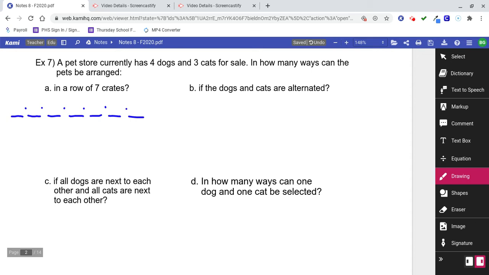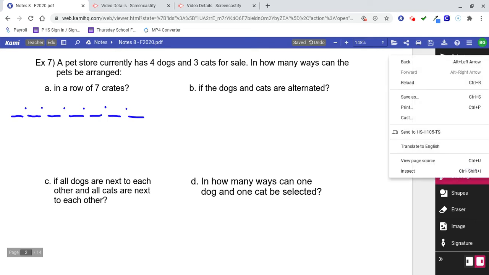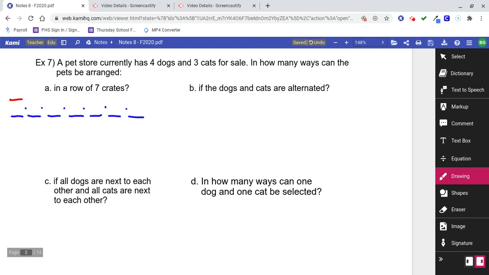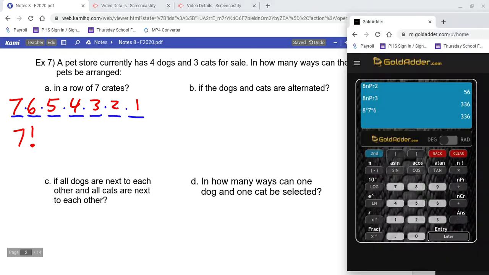And so you need to think about, well, how many ways are there of putting an animal in that first crate? 7. Okay? And then once I pick one and put him in the crate, how many ways for the second one? 6 and 5 and 4 and 3 and 2 and 1. Okay? That's 7 factorial. 7 factorial. 5,040.